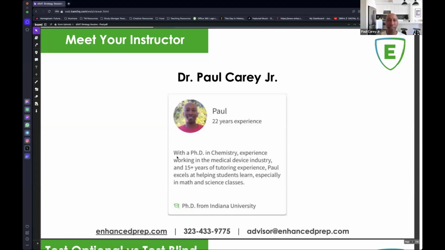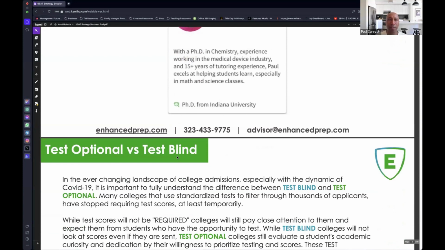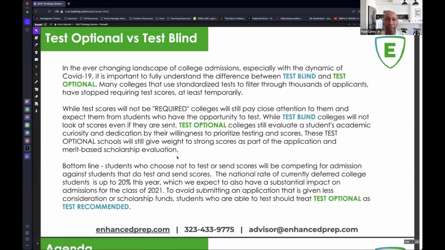All right, so let's jump in now. One of the first things we want to talk about is test optional versus test blind. This has happened recently, where a lot of schools have become test optional. Test blind means they're just not going to look at the test at all.